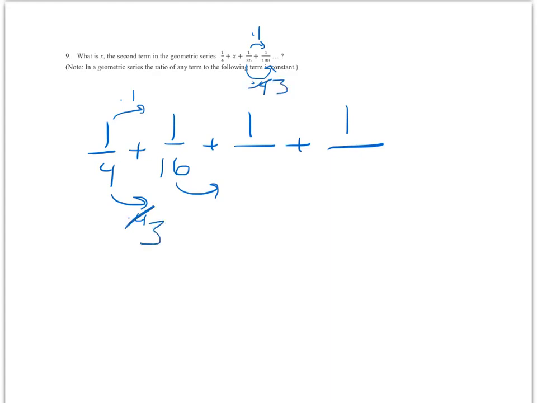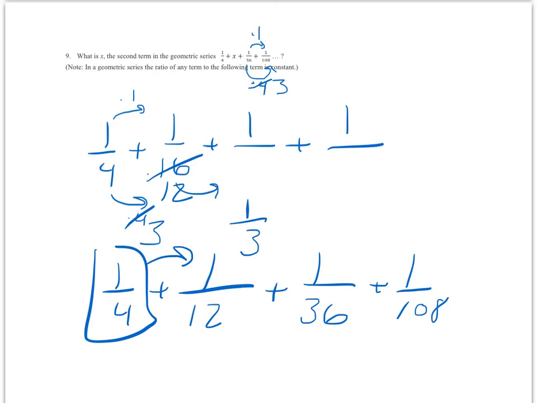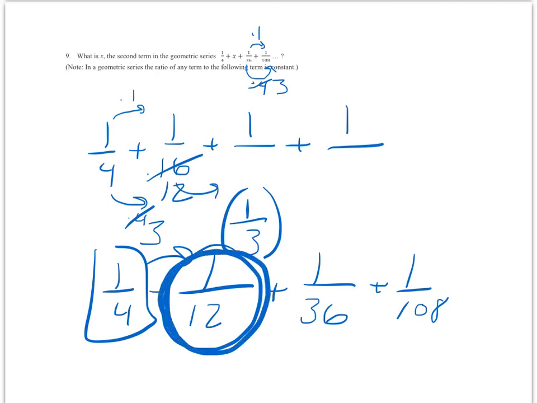So I'm multiplying by 3. 4 times 3 is 12. 12 times 3 is 36. 36 times 3 is 108. So to get from one term to the next each time, we're multiplying by 1/3. Top times 1 and the bottom times 3. The question is, what is x? X is 1/12. I apologize for the error.